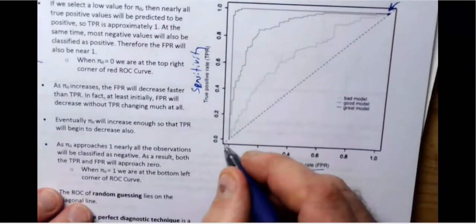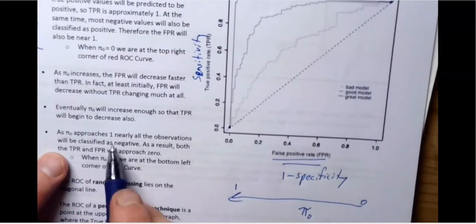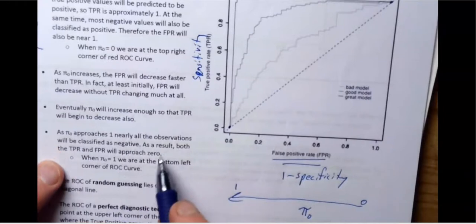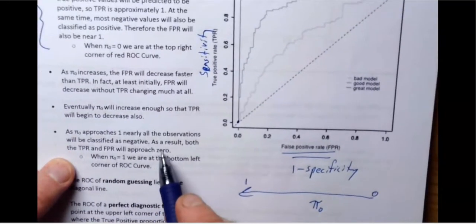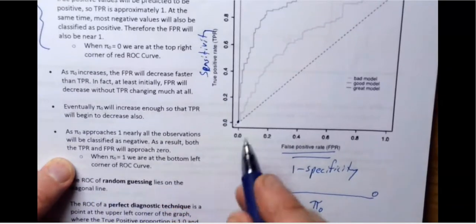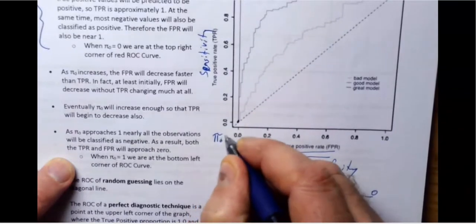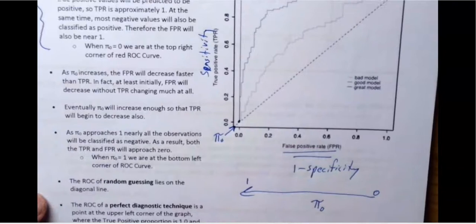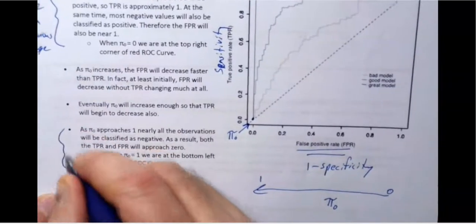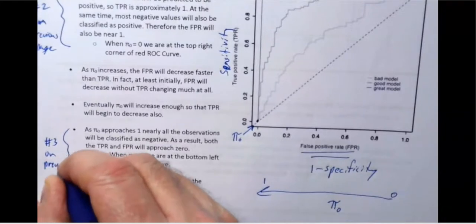The value over here, where pi 0 approaches 1, nearly all the observations will be classified as negative, as you saw in the previous table. As a result, both the true positive rate and the false positive rate will approach 0. So if pi 0 equals 1, then these things will both be 0. And this is actually from number 3 on the previous page.